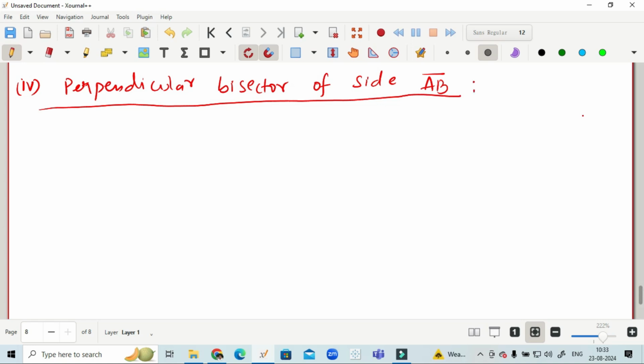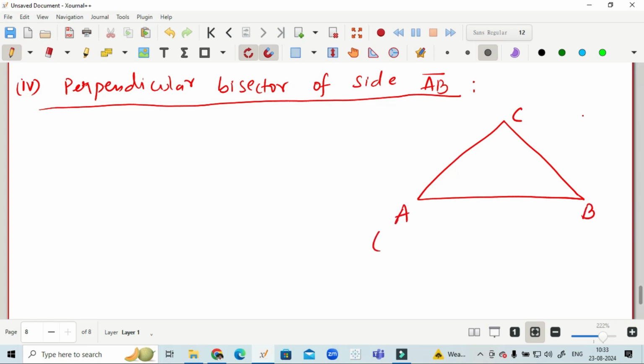Now let's draw the triangle once again. So for convenience I'm writing here C and A and B.